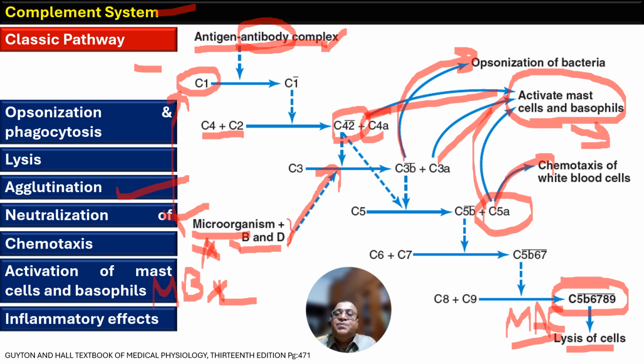There will be increased permeability and inflammation. So the inflammatory effects of the complement system will be increased blood flow and increased capillary permeability, and these promote protein leakage and coagulation in tissue to contain the infection.